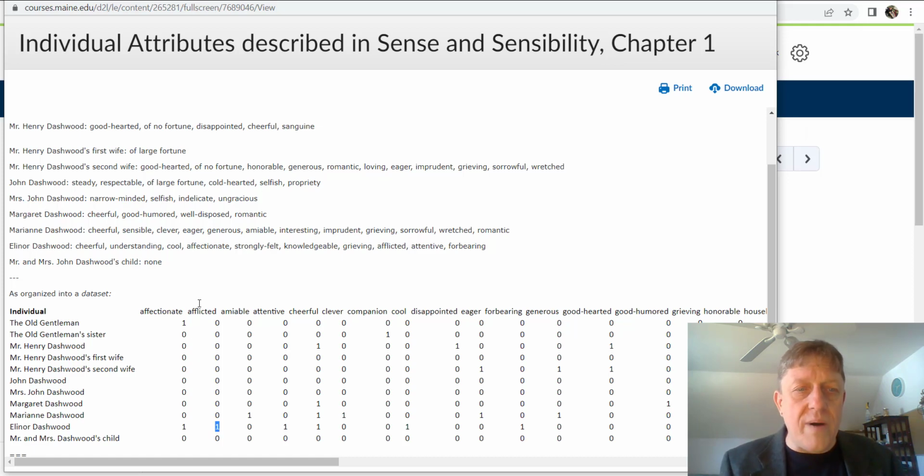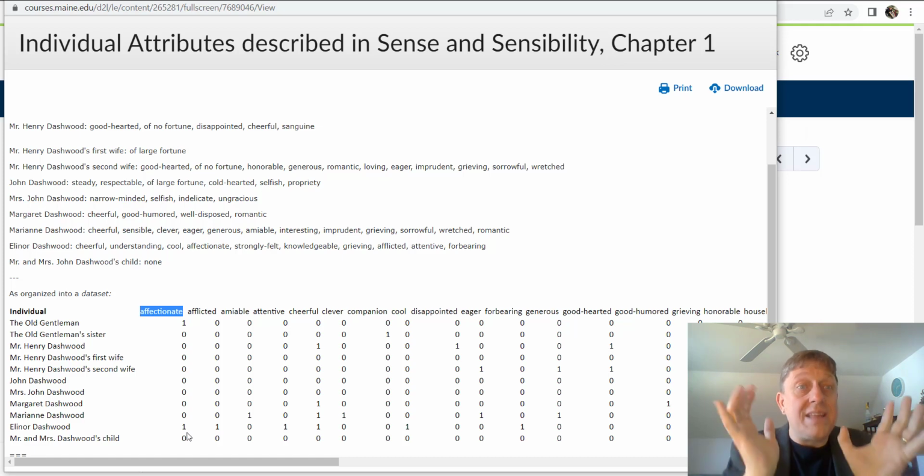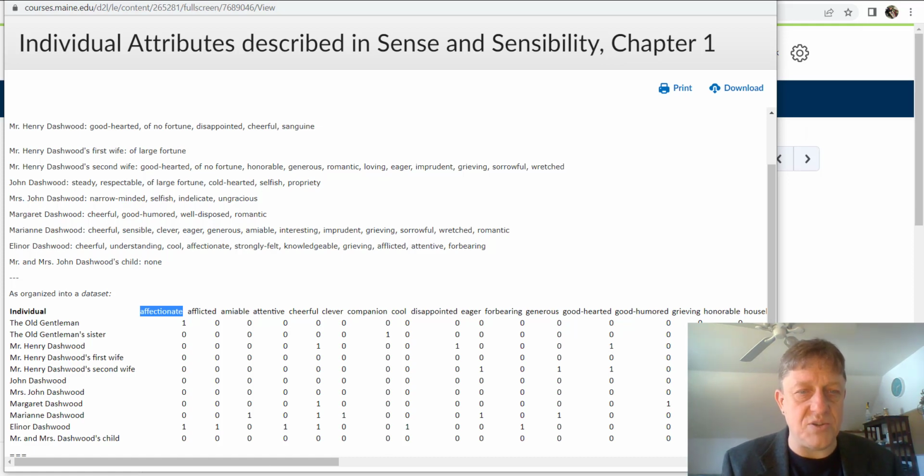So no one else is listed as afflicted, but we do notice that there are two individuals who are described as affectionate, the old gentleman and Eleanor Dashwood, right? So they both are providing of themselves this affection. They have something in common as individuals.